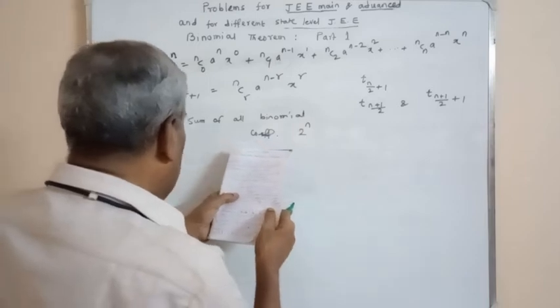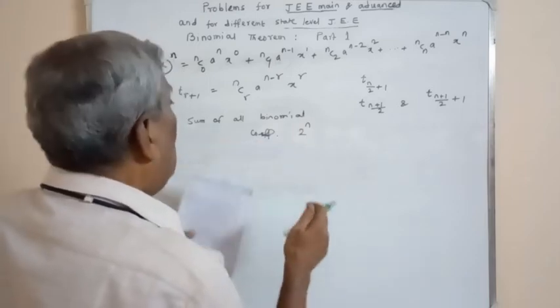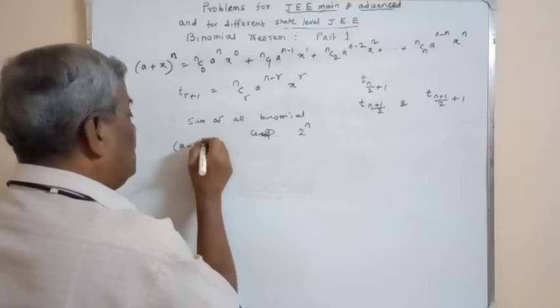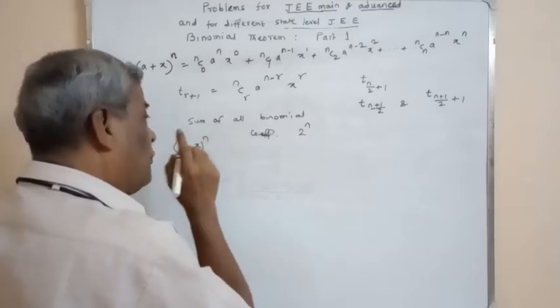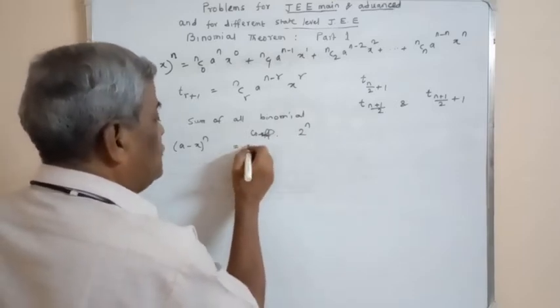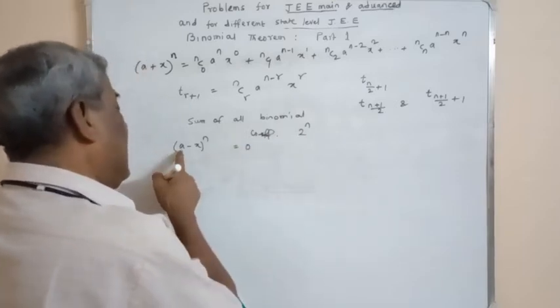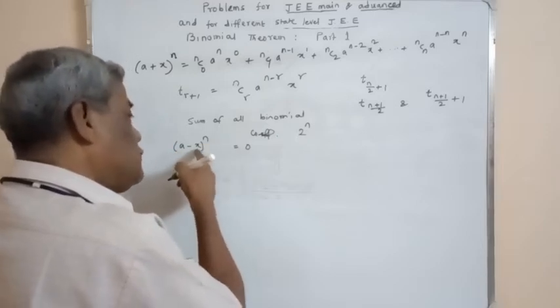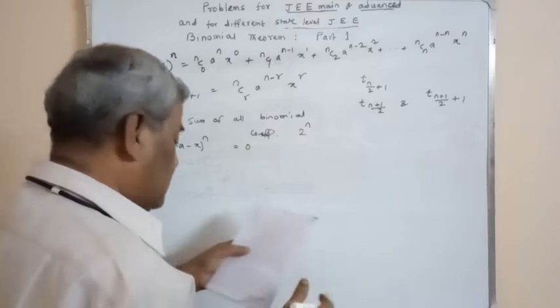The sum of all binomial coefficients of (a - x)^n is obviously 0, because by putting a equal to 1 and x equal to 1, this is 0^n, so 0.